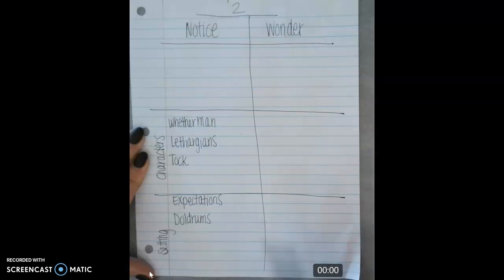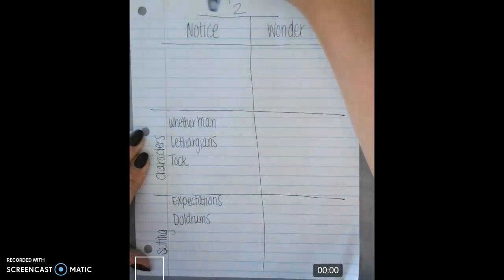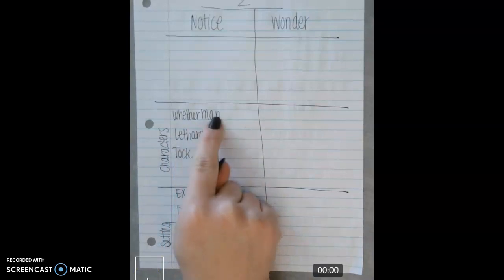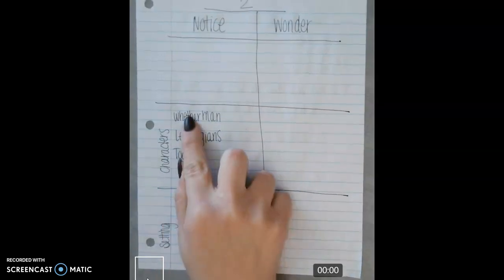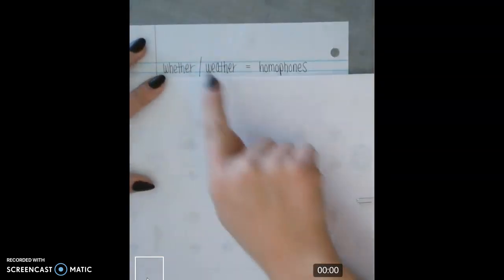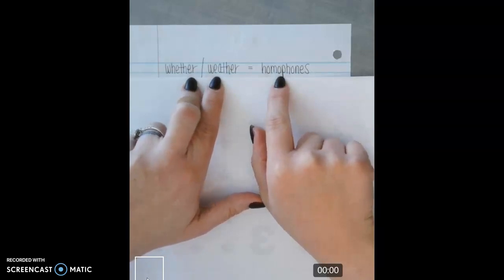Remember, I told you each character and setting that Milo encounters is going to be a play on words. So let's set you up for success by explaining some of the words you may need to know before you read this chapter. Do you notice that weatherman is spelled differently than the weather outside? Let's look at what this weather means. Remember, we learned about homophones, when two words sound the same but are spelled differently and have different meanings.